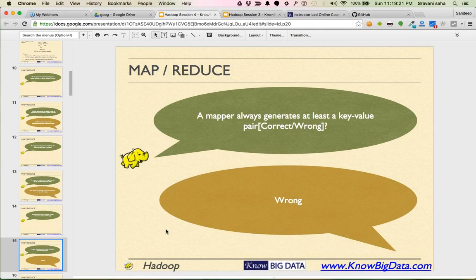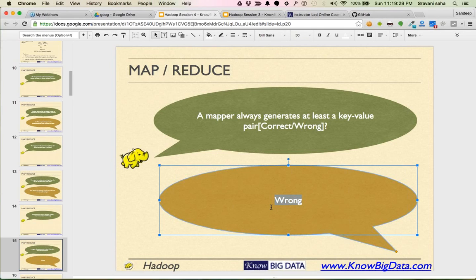Yes, so it is wrong. A mapper can choose not to give out any key value pair. So in simple words, a mapper can generate zero or more key value pairs. Okay, zero or more key value pairs.